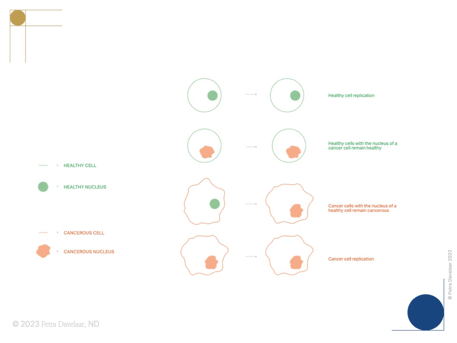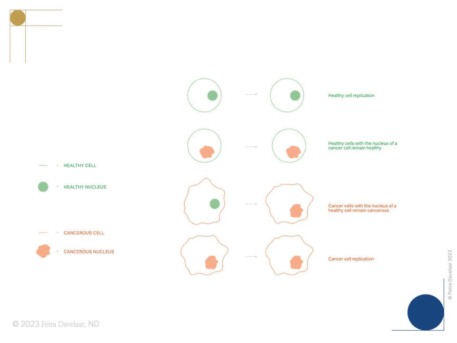Thomas Seyfried, in his 2012 book, Cancer as a Metabolic Disease, details nuclear cytoplasmic transfer experiments that started as early as 1982. Essentially, what all experiments did was they placed a nucleus of a cancer cell in the cytoplasm of a healthy cell to see if it would become cancerous.